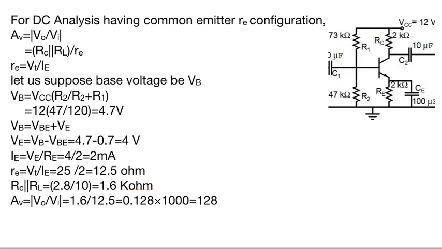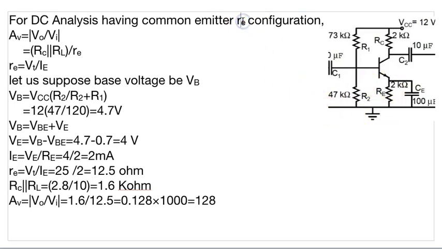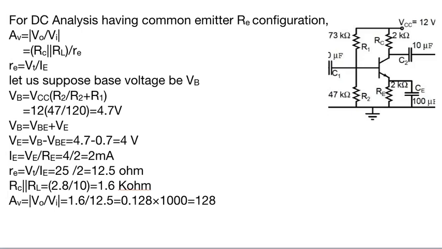Okay, let's look at the calculation. This is our DC analysis, with common emitter resistance Re. I think I should write it with a capital R, that is more appropriate. And Av is equal to Rc. For the DC analysis, we open circuit all the capacitors.